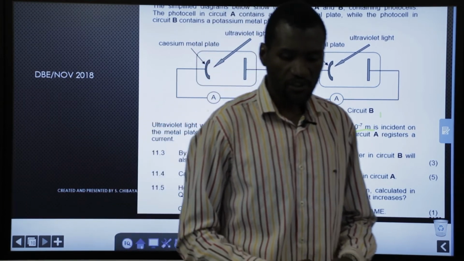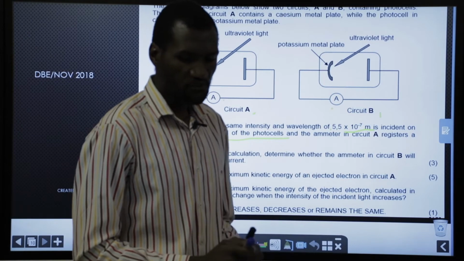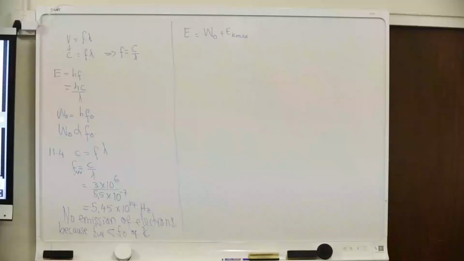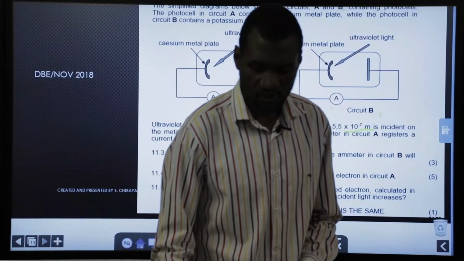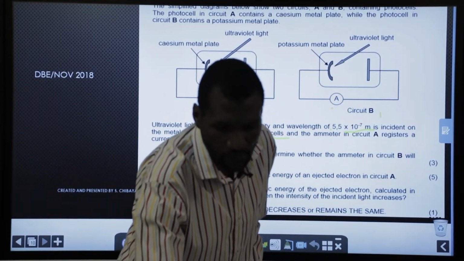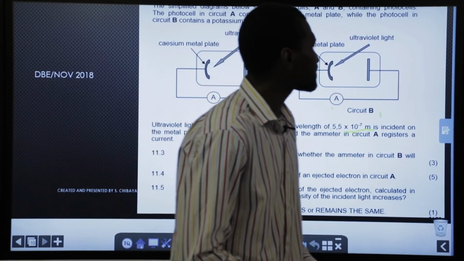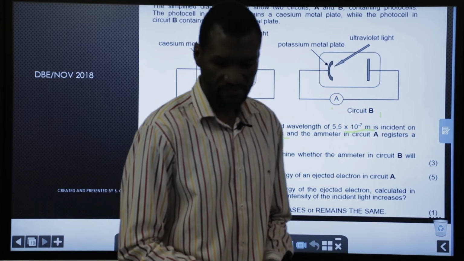For the energy of the electron, it is simply going to be equal to h multiplied by c over lambda.